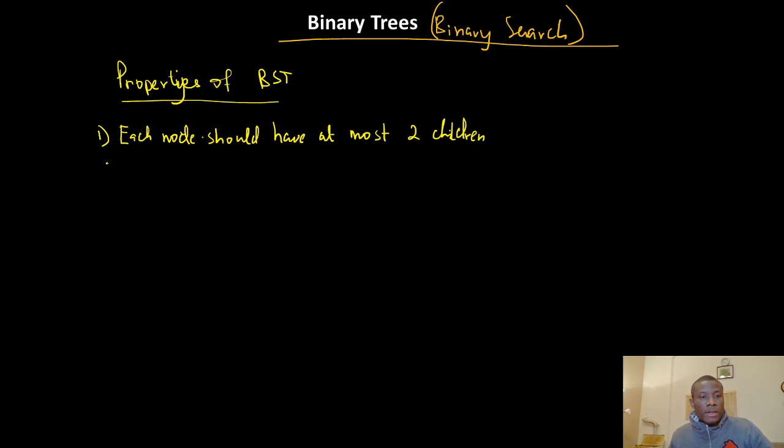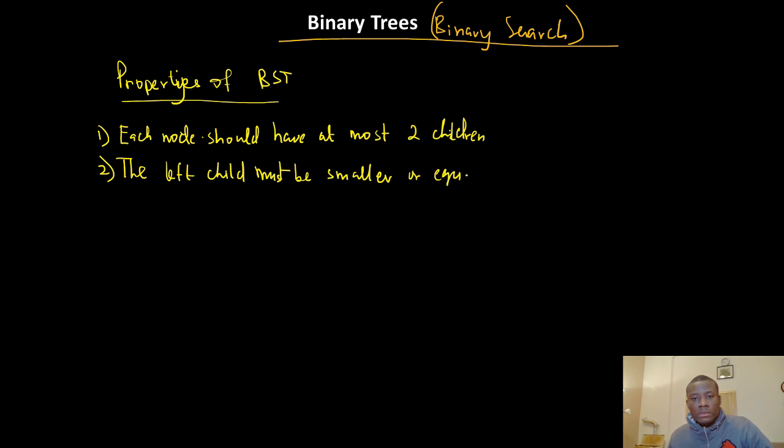All right. The second one is that the left child must be smaller than the root. The left child must be, remember I'm putting must here, must be smaller than or less than or equal to the root.